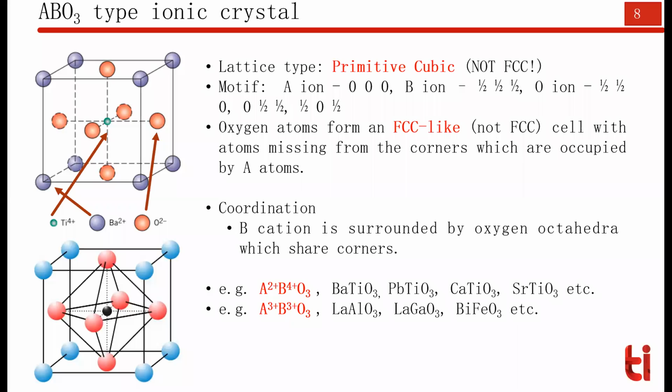While the B ion is at the body center, so its coordinates are 1/2, 1/2, 1/2, and the oxygen ion is at the face centered site, so its coordinates will be 1/2, 1/2, 0.